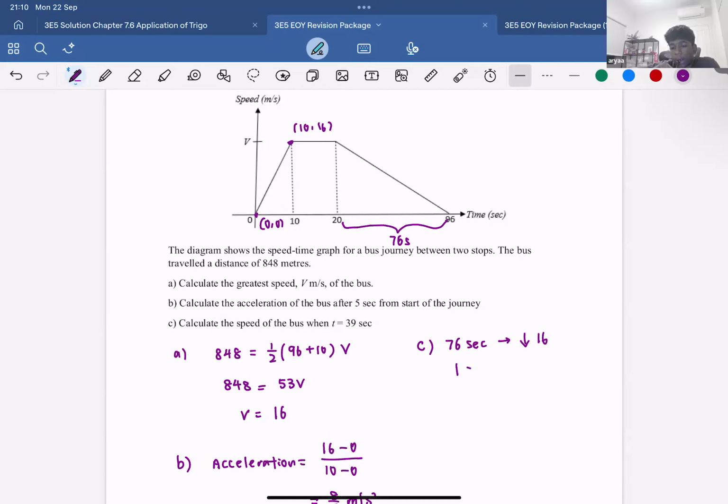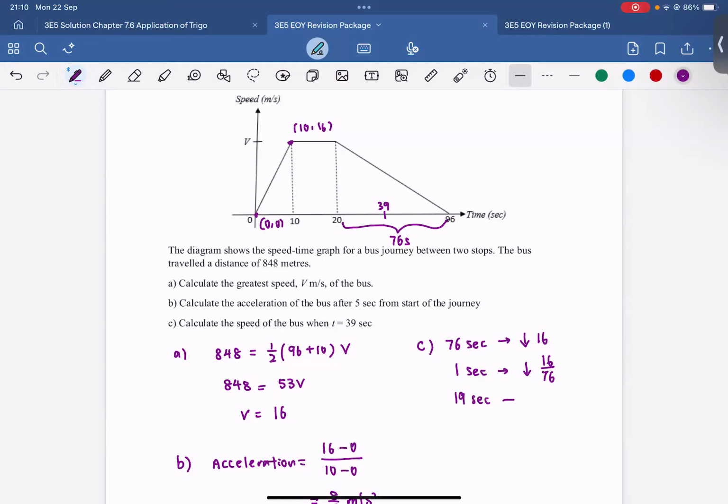So every 1 second, the speed will drop by 16 divided by 76. So now if you want to find 39, how many seconds have passed? 19 seconds, right? So we take 16 over 76 times 19. We will get 4, correct? Is 4 the answer?